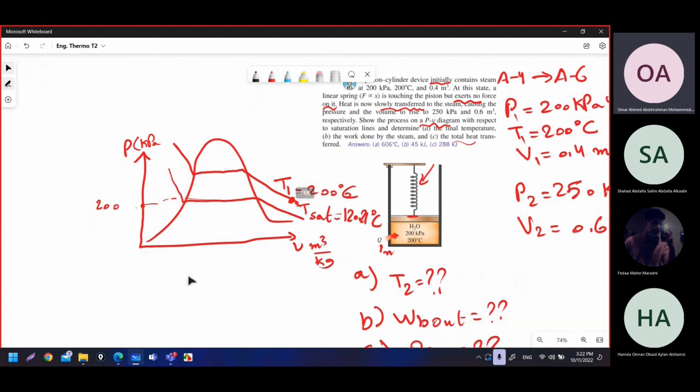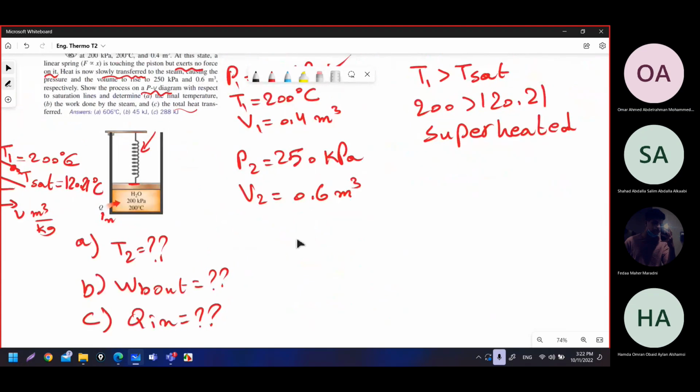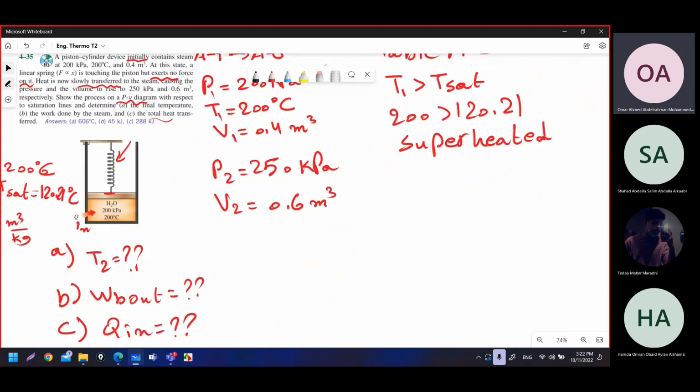Now, in order to find state 2, I have the pressure and the volume, but in the tables I don't have columns for volume. I have specific volume, small v. So in order to determine the phase of the state, I have to convert capital V to small v.